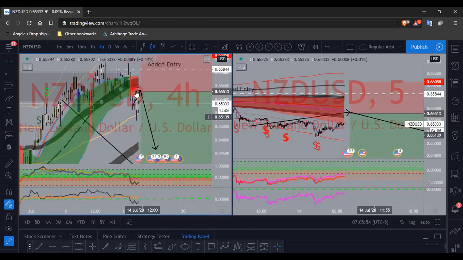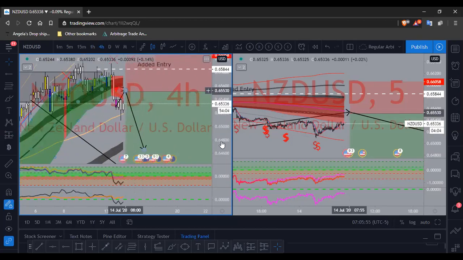I want to see price come back up to 0.65500 area and then get that drop. That's what I want to see ideally for NZDUSD. And I love it how it did reject off of this mean line right here.